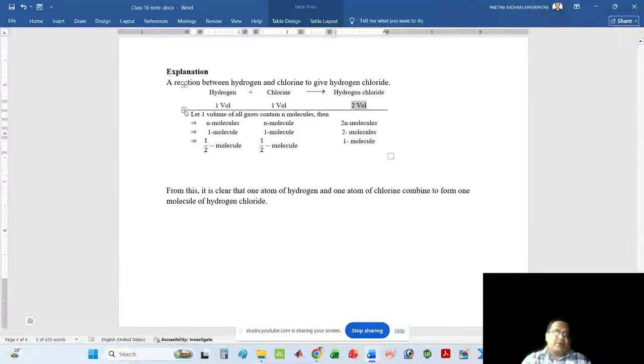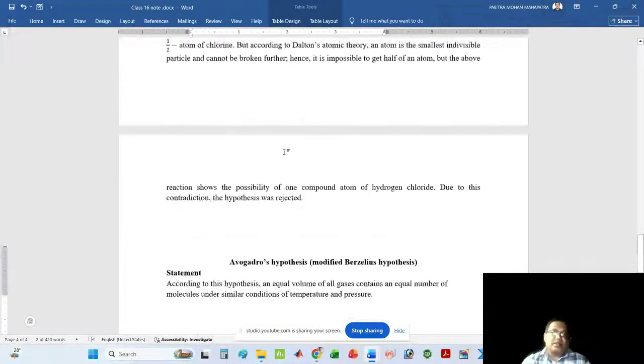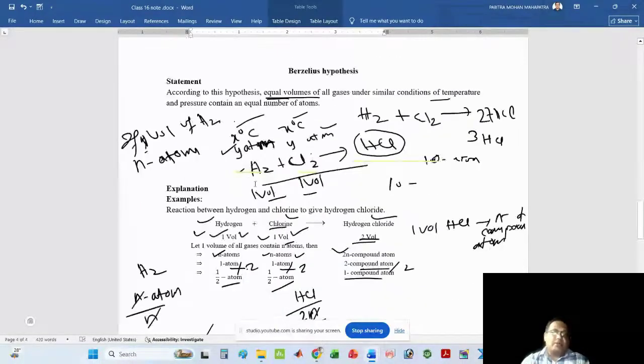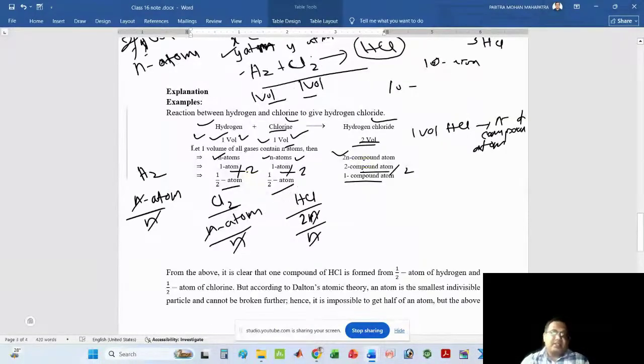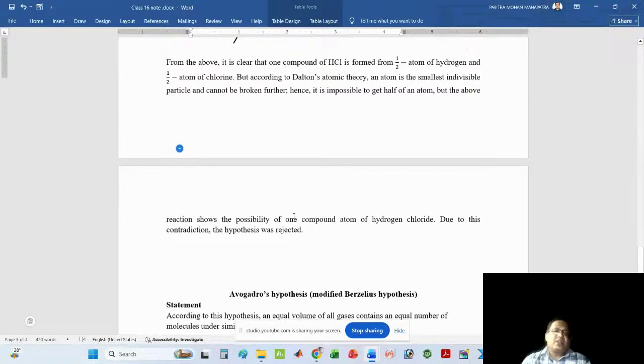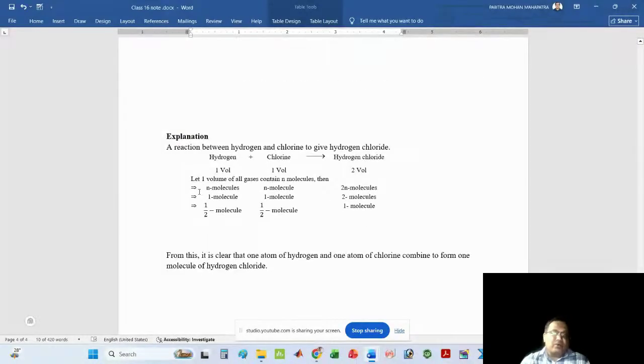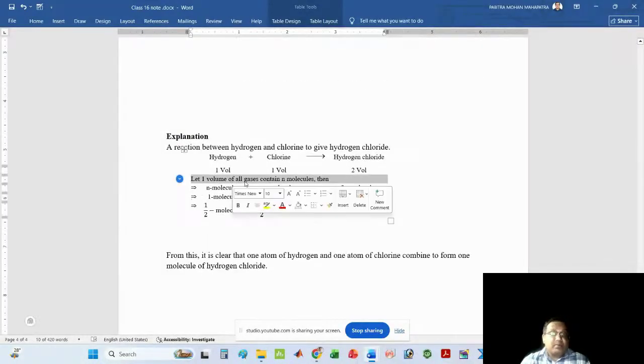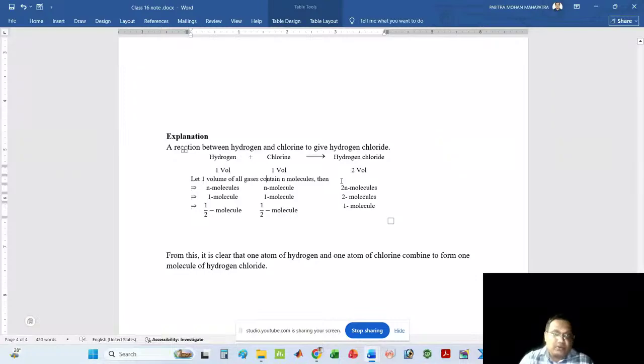Let one volume of all gases contain n molecules. In Bernoulli's hypothesis I had written n atoms, but here I have taken n molecules.